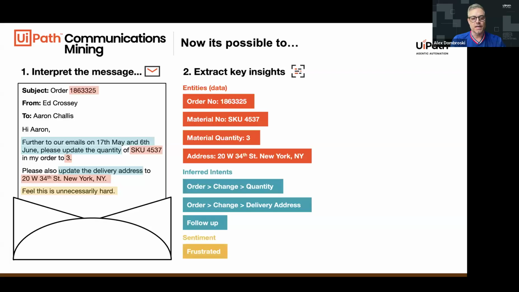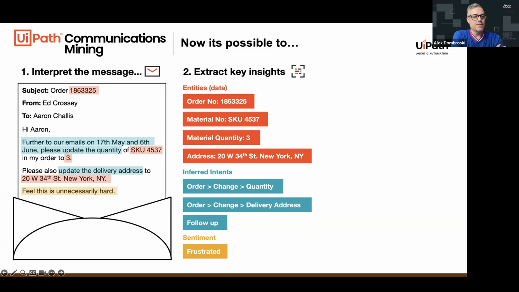So we can collect three different key pieces of information. Entities are all of the disparate data points. In this case, if you were going to take an action on something because you understood what it was, what are the pieces of information that would be necessary to take that action?